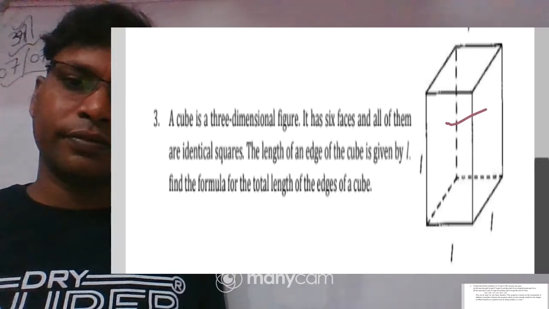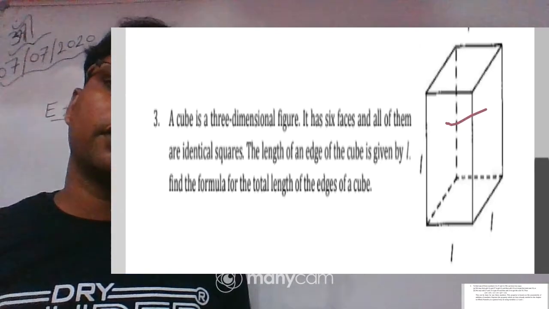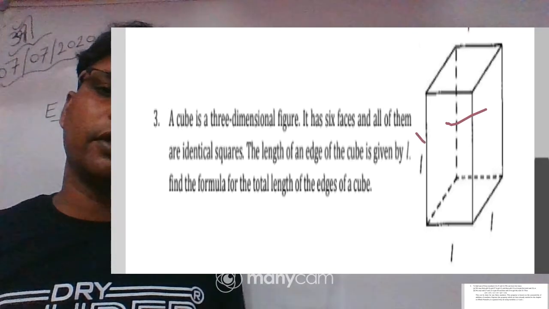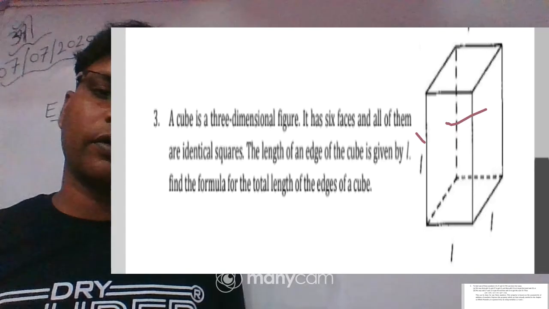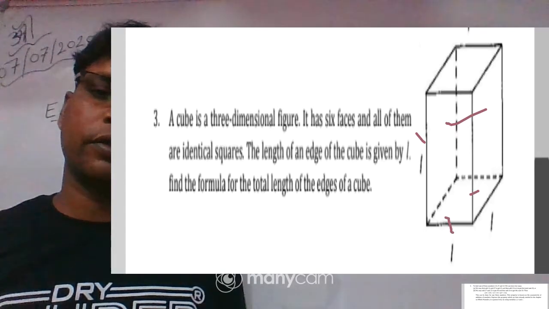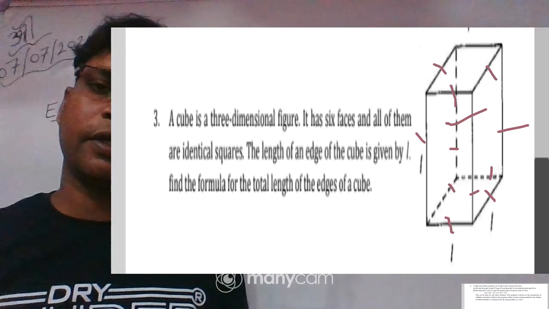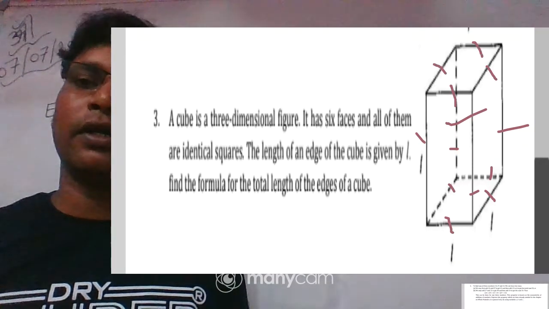This is cube. Cube has 12 edges. You can count it: 1, 2, 3, 4, 5, 6, 7, 8, 9, 10, 11, 12. Okay.